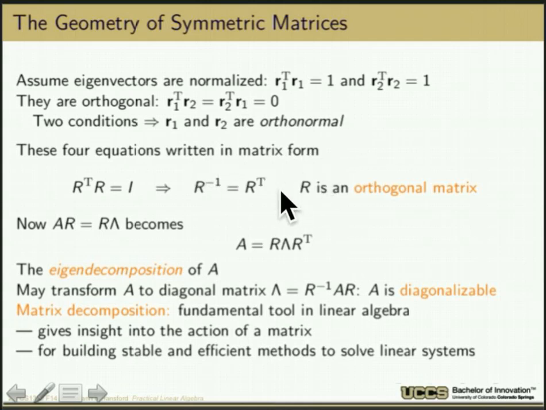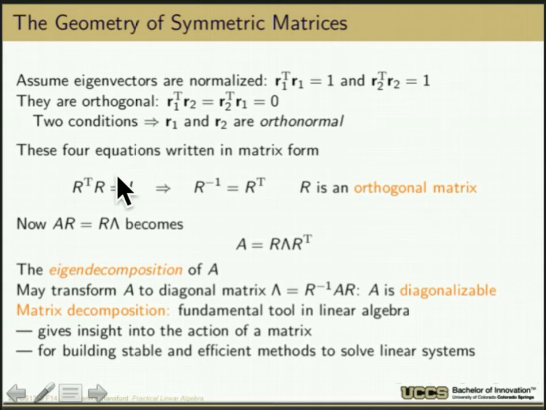We can put all those in matrix form, so we can put R1 and R2 back into the matrix, and we say R transpose R equals the identity matrix, which means that R inverse is equal to R transpose. So R turns out to be an orthogonal matrix. And if you're not seeing this, go back and remember: R1 transpose R1 is 1, R2 transpose R2 is 1.